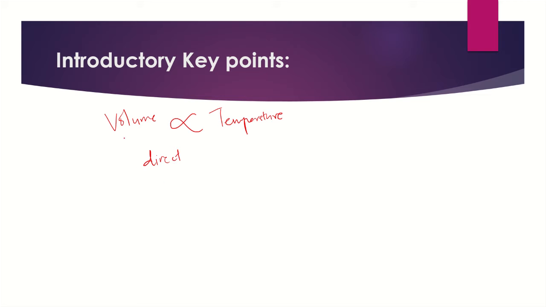That means when the volume increases, the temperature of the gas also increases, and if the volume of the gas decreases, the temperature of the gas will also decrease, provided that the pressure of the gas remains constant.